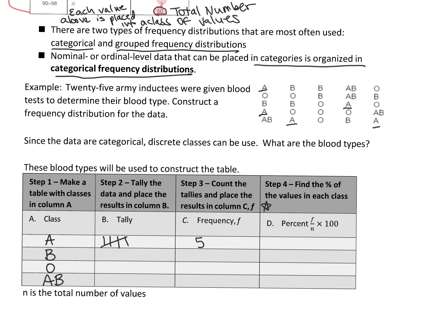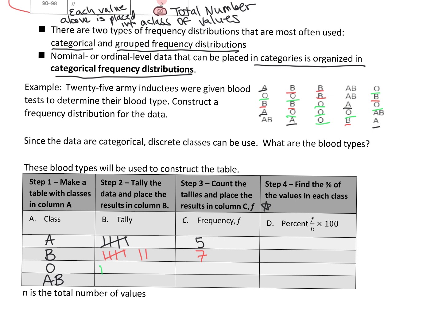Okay, so then for B, I have 1, 2, 3, 4, 5, 6, 7. And then for O, we have 1, 2, 3, 4, 5, 6, 7, 8, 9.